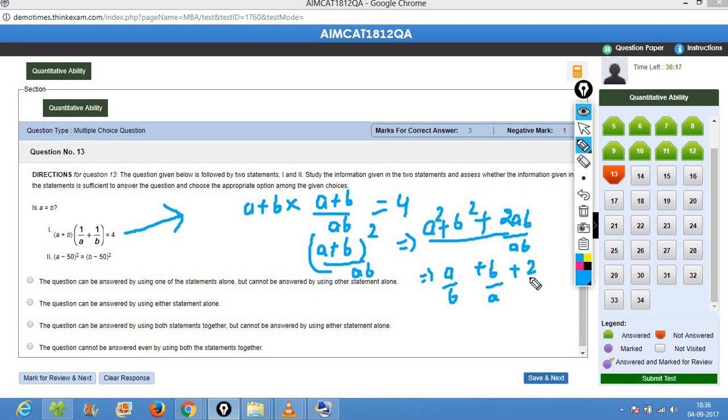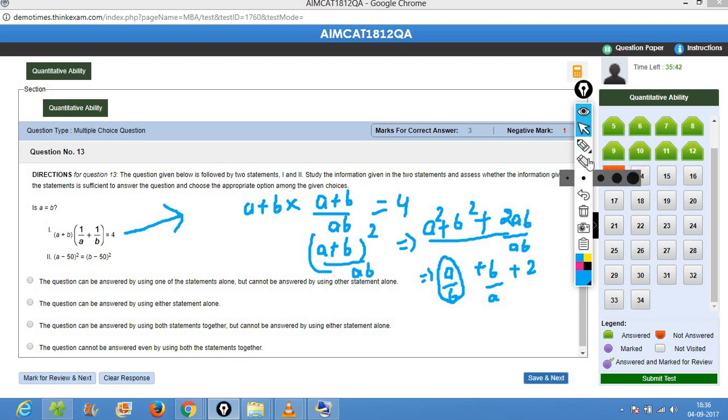So can I get anything from this one? This is 2, and I don't know whether A and B are positive numbers or not. So is it possible only when it is coming out to be 4? It is possible only when A is equal to B, because 1 plus 1 plus 2. A is equal to B can be found out from the first statement.